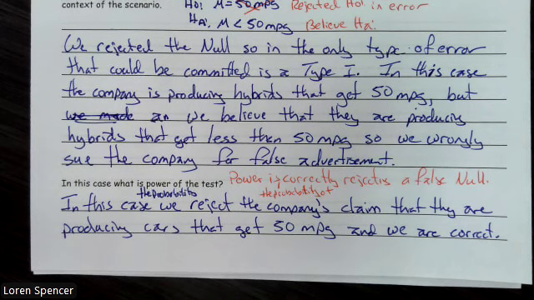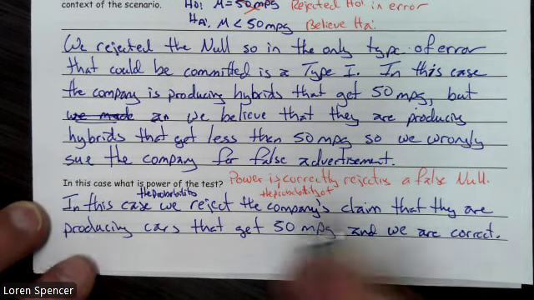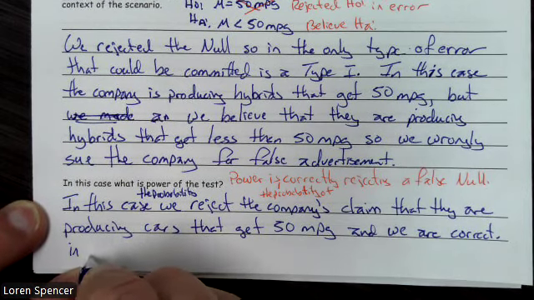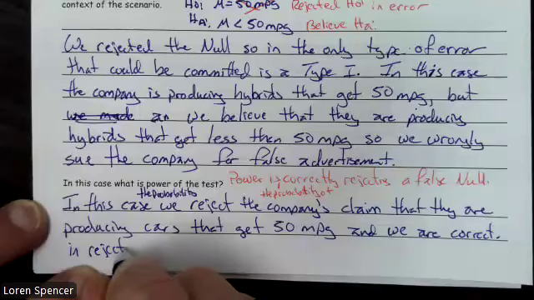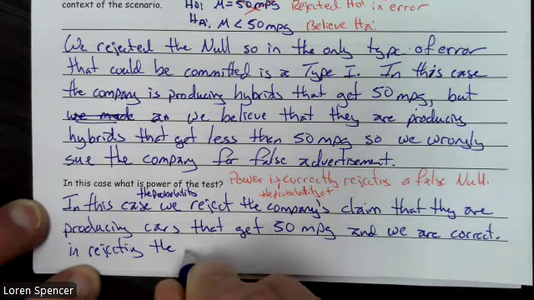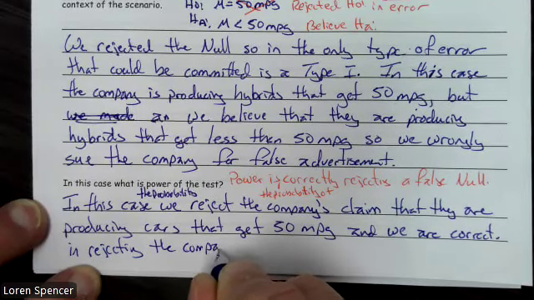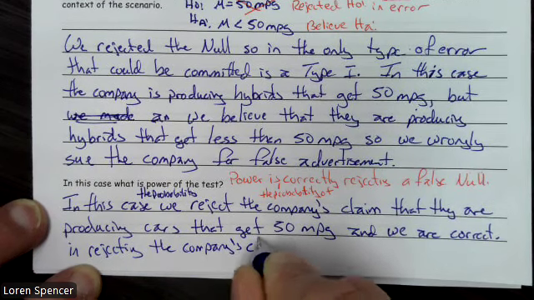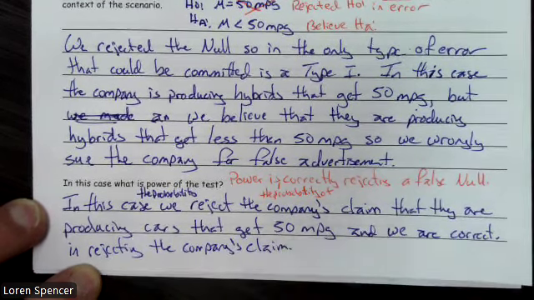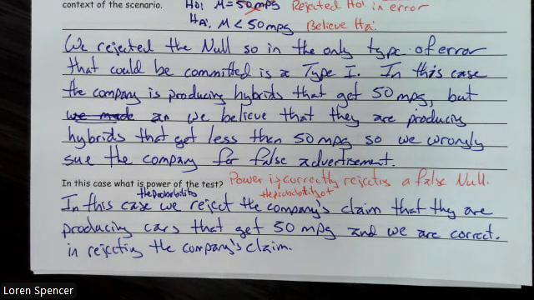In this case, the probability we reject the company's claim they are producing cars that get 50 miles per gallon, and we are correct in rejecting their claim. They claimed it, but it wasn't true, and we rejected. We did the right thing.